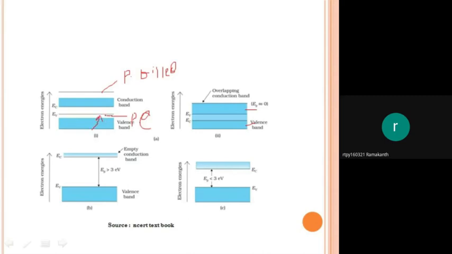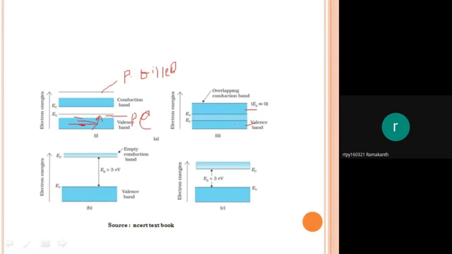These are the unfilled energy levels, and these are electrons. These are filled energy levels. The electron can jump from the filled energy states to unfilled energy states, and they are ready for electrical conduction. This type of conduction takes place in conductors.